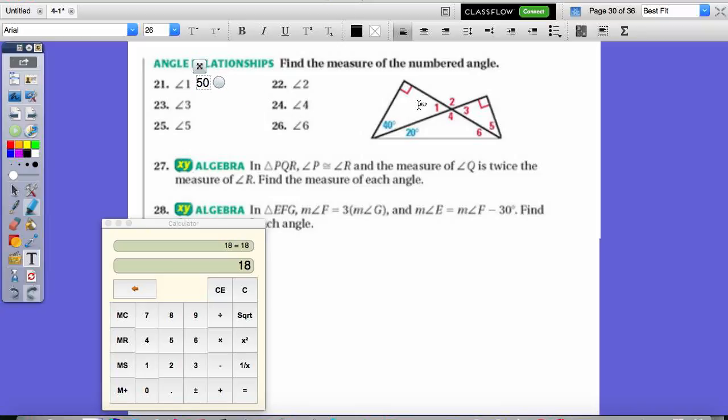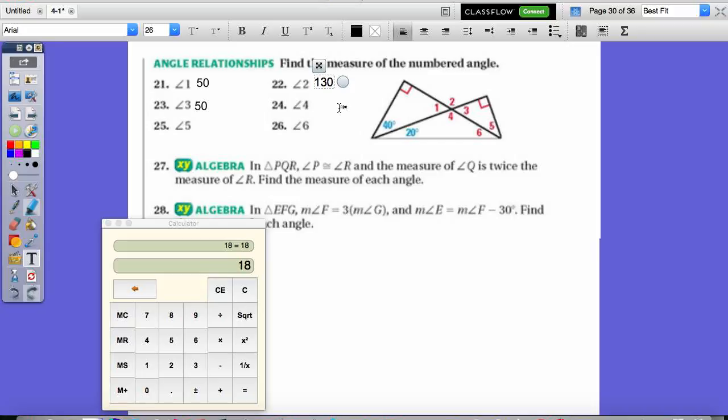Okay. That also means angle 3, I'm just going to jump ahead here, is 50 because they're vertical angles. 1 and 2 make a linear pair. So 2 is going to be 130 because a linear pair means they're supplementary. So 50 plus 130 is 180.